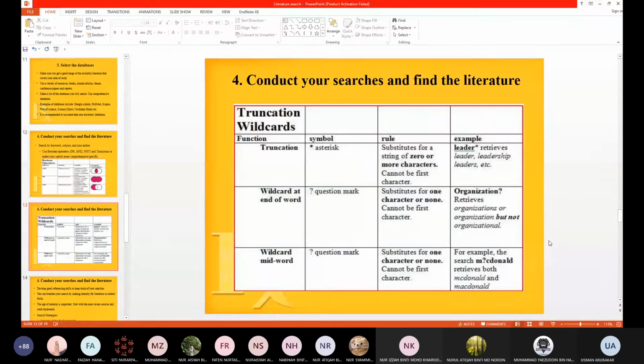You can also use a question mark either at the end of the word or in the middle of the word in order to expand your search. But if you want to narrow down to a specific thing, you can put in inverted commas. If you put in inverted commas, the search will be limited to only those things in the inverted commas. Anything outside that will not be captured in the result of the search.